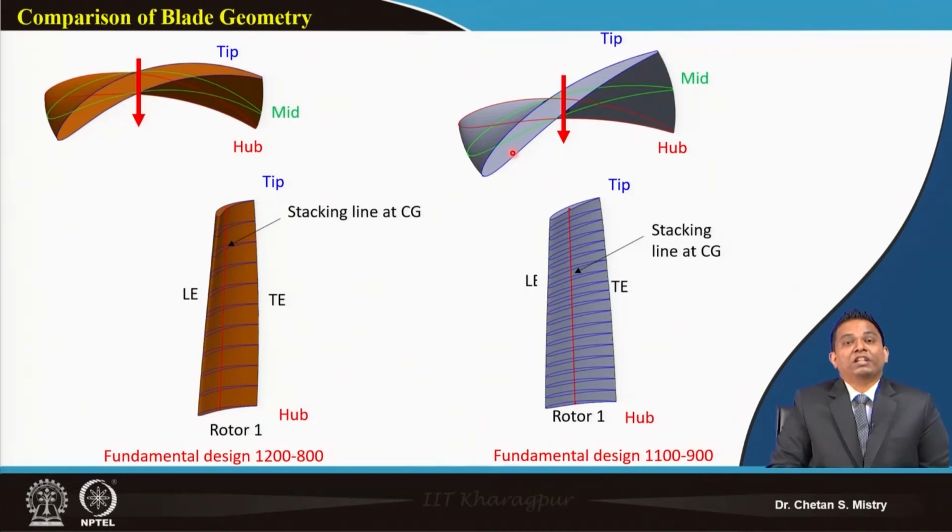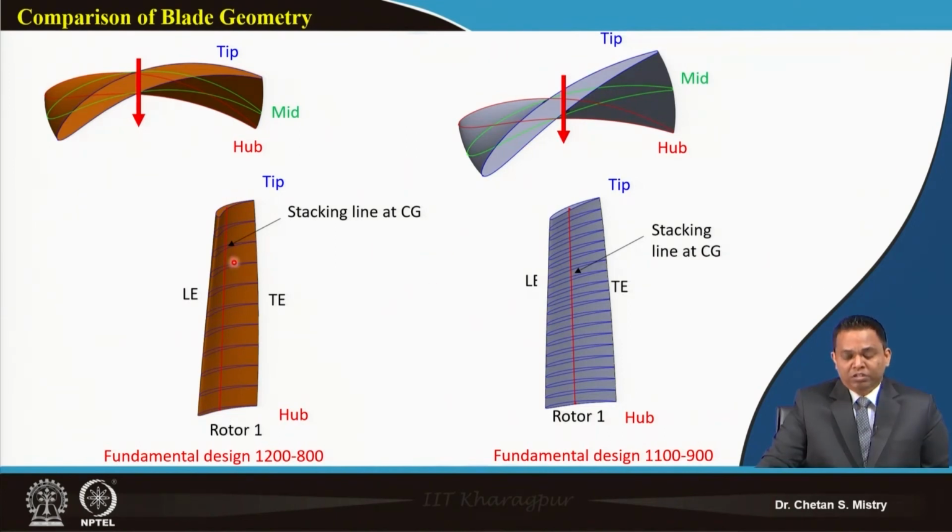When I change delta P0, I need to make my distribution smooth. My variation of beta 1 and beta 2 needs to be smooth, it should not be zigzag. Otherwise it will not permit you to make the blade. That is the reason, as I told you, you take more stations. Here we have taken 11 stations, you can go with 22 or 21 stations. No one will stop you.